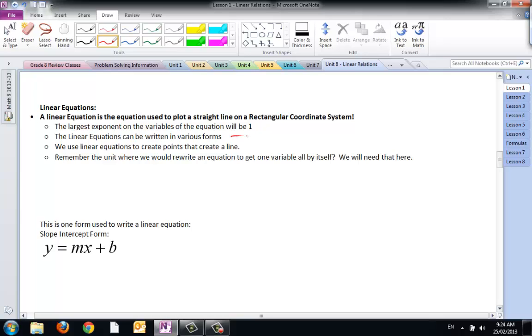We'll take a look at some of them as we go. Linear equations allow us the ability to create points, and those points can be joined together to form a line. And we'll have to do some reordering of formula during this unit, like we did a couple of units ago where we had to rewrite an equation to get one variable all by itself. So we'll need that here in this unit as we go along.